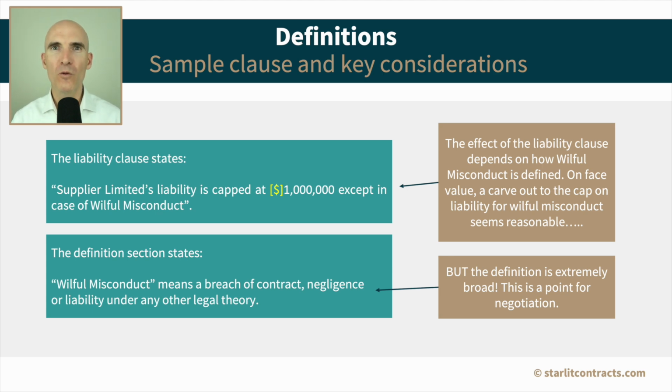Because with willful misconduct, I might be thinking about a reckless disregard for consequences which I knew would be severe and harmful to the other party, or potentially severe and harmful. Here the definition of willful misconduct means pretty much everything. So now it's uncertain what liability is in fact capped under the limitation of liability clause. Potentially nothing, which renders the clause pretty much ineffective for me and very much becomes something that we would want to negotiate.